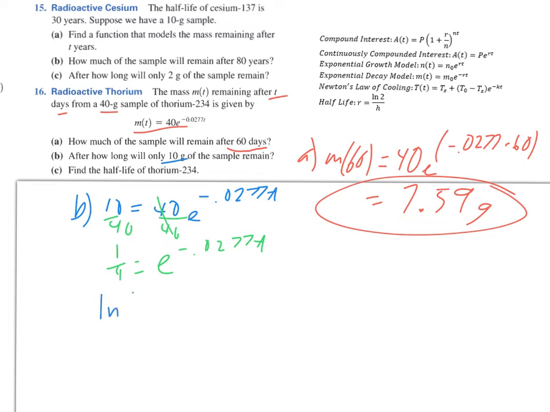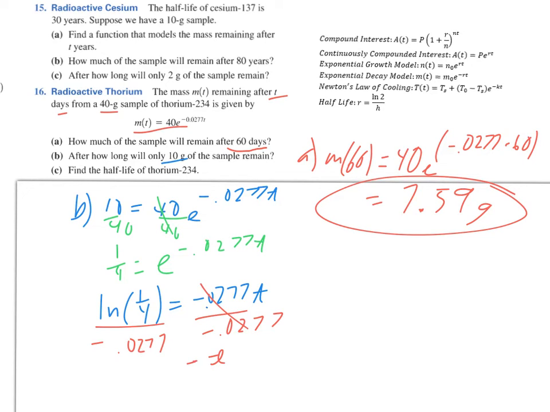And now I'm ready to switch it into log form. Since it's base e, it's going to be ln of 1/4 equals, oh no, not e. E is the base. It equals negative 0.0277 t. So then I'll just divide by negative 0.0277, both sides, of course. Type that in and get my answer.